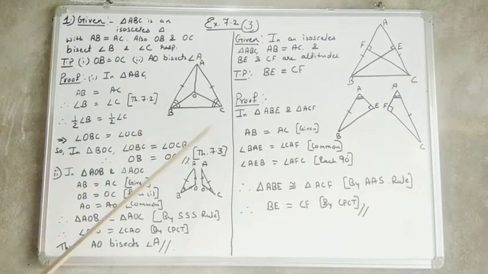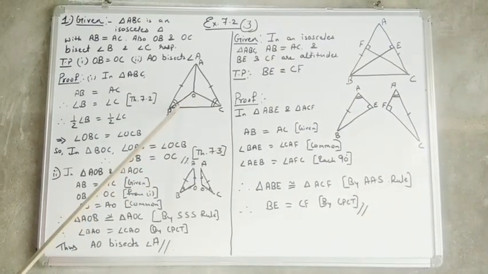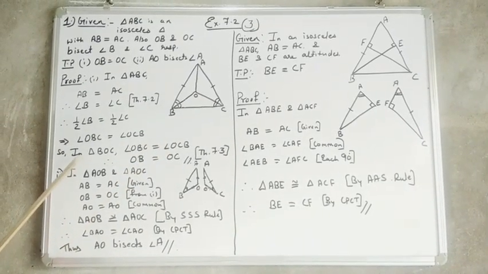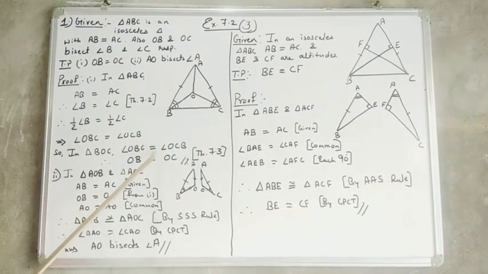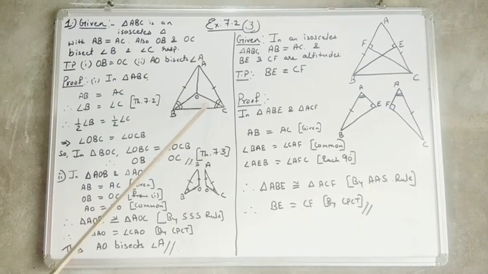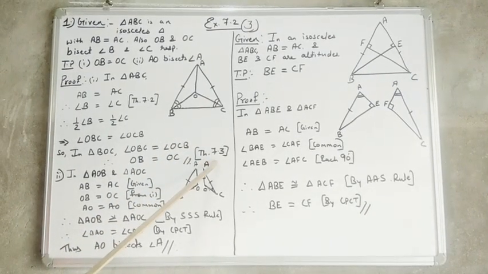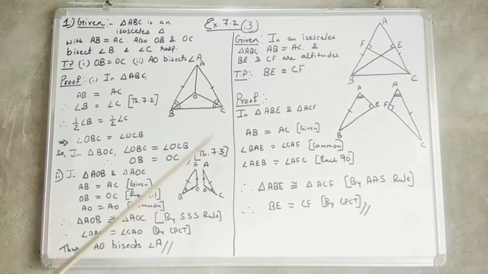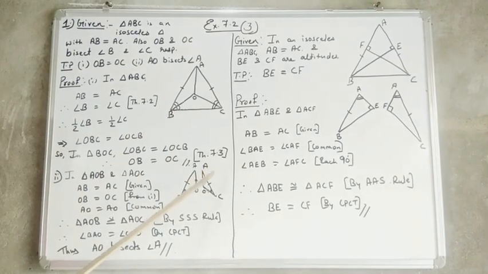So in triangle BOC, these two angles are equal. If angle OBC is equal to angle OCB, then I can say sides OB and OC are equal. This is just the reverse of theorem 7.2. You have to think about where 7.2 has to be implemented and where 7.3 has to be used.